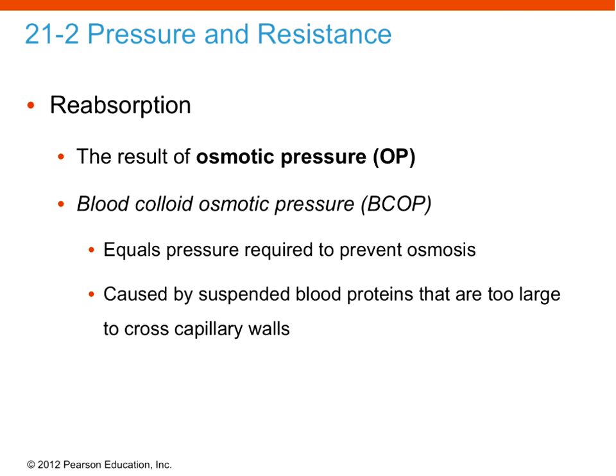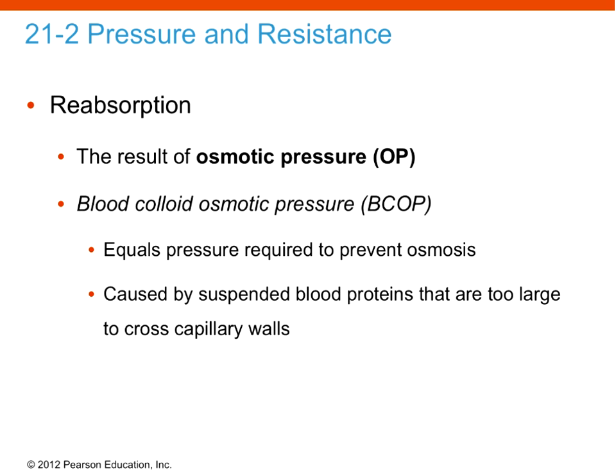So what that means is that the blood colloid osmotic pressure equals the pressure required to prevent osmosis. So we don't want to lose any more water outside of the bloodstream, because at this point we want to start reabsorbing water. We saw the filtration taking place. We wanted water to go out. Blood colloid osmotic pressure was not anything that we talked about.